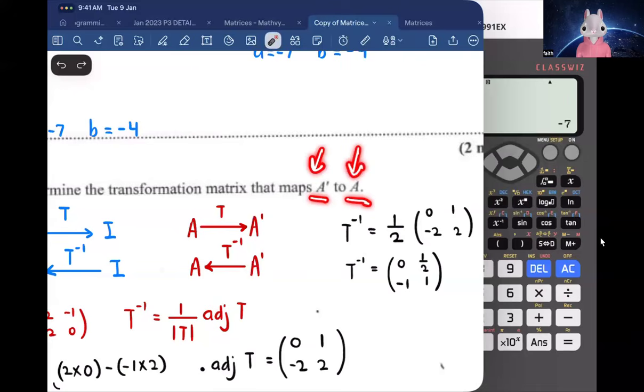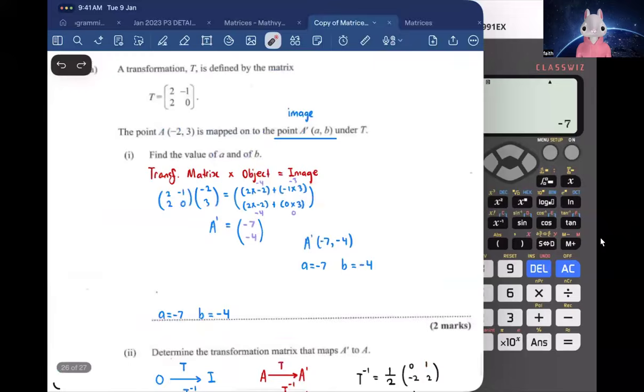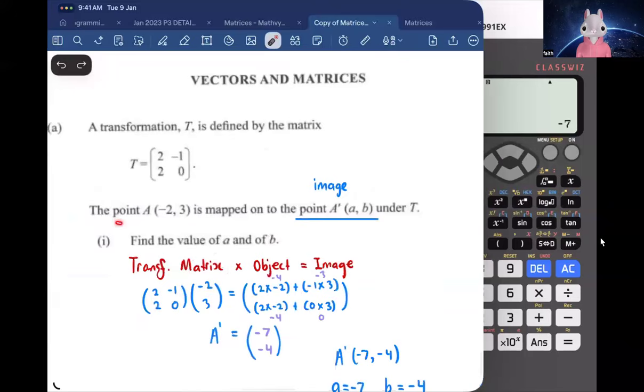It means object if you don't see prime by it. Look at this question, for instance. They gave us a point A, and that point is the object because you're not seeing prime by it. They are saying the object A is mapped onto point A prime. You see A prime? Image. So they are telling us that to go from the object to the image, we use what transformation?